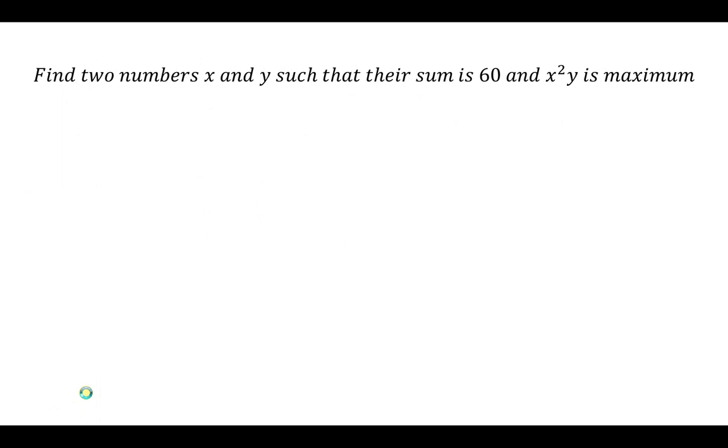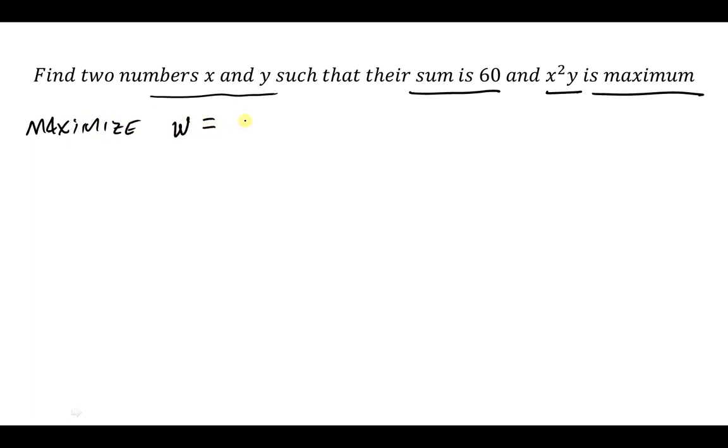Now the next example is to find two numbers x and y such that their sum is 60 and that x squared times y is a maximum. So we want to maximize, let's call it a variable w equal x squared y, and the constraint that x plus y is equal to 60.